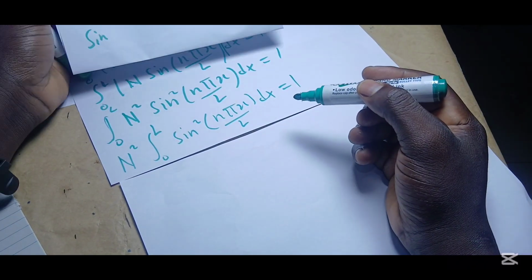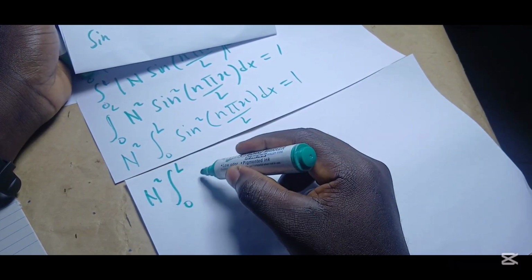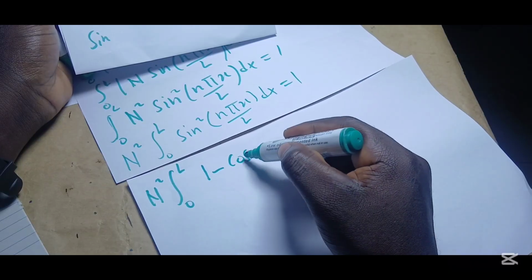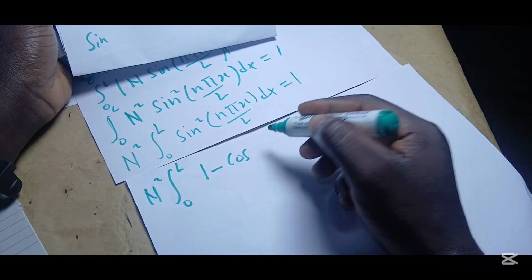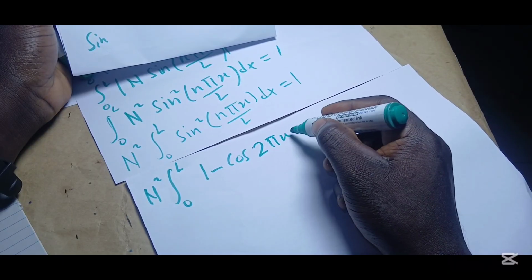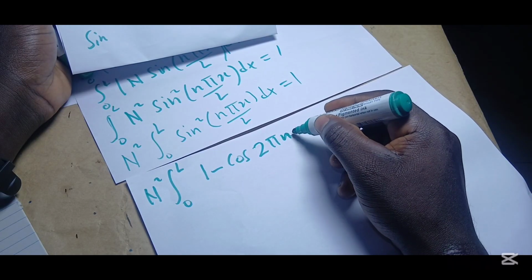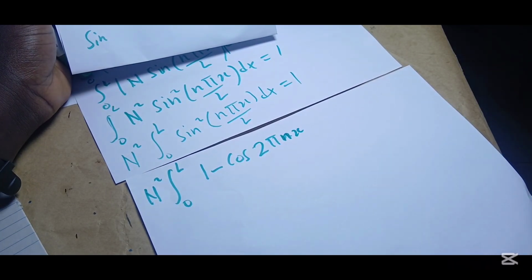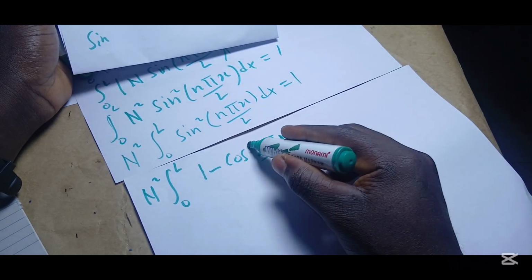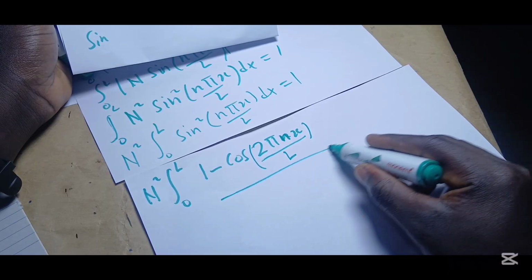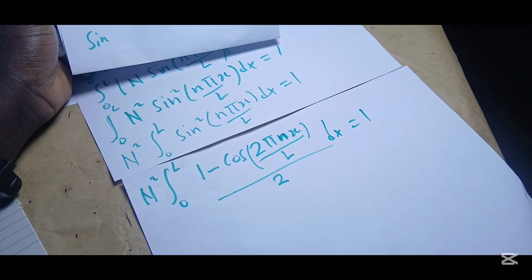So in this case, we can rewrite this as n squared integral from 0 to L of 1 minus cos 2 theta. All this is theta, right? So we multiply it by 2, so 2 n pi x. So let's bring n here, all over L, all divided by 2. The dx should be equal to 1.